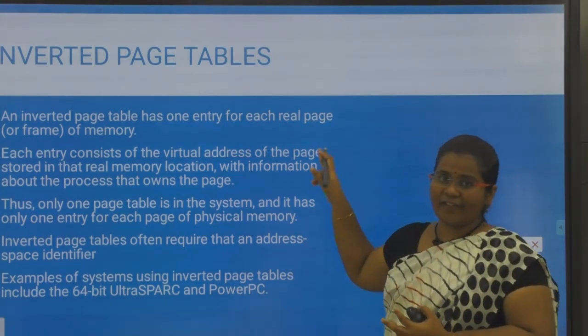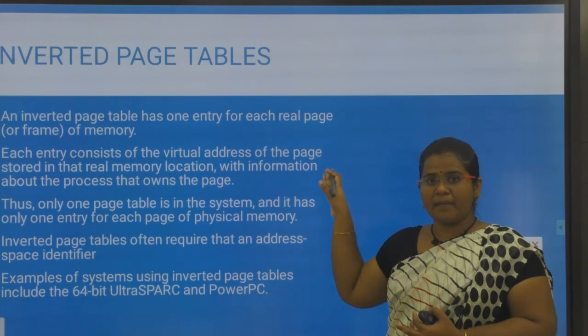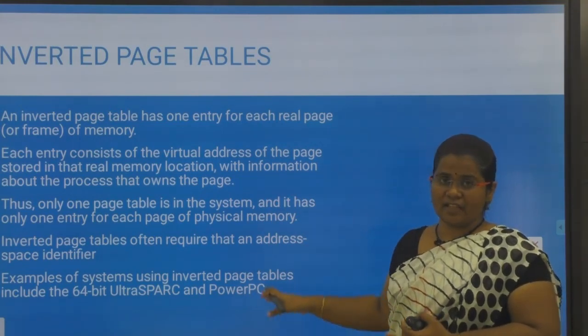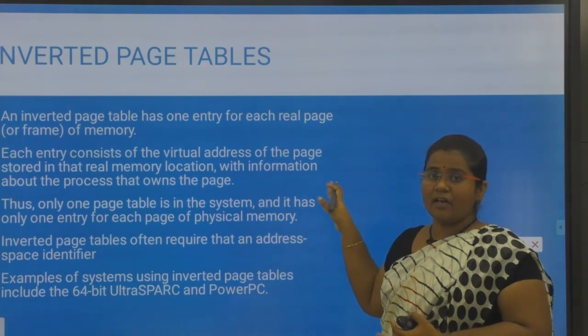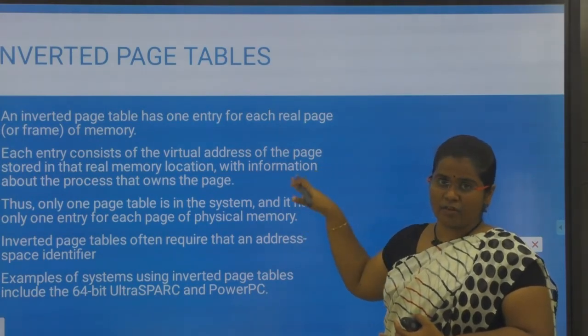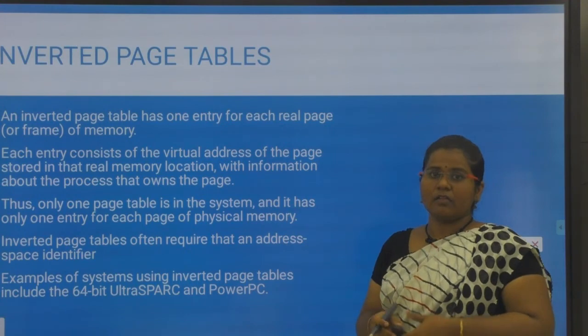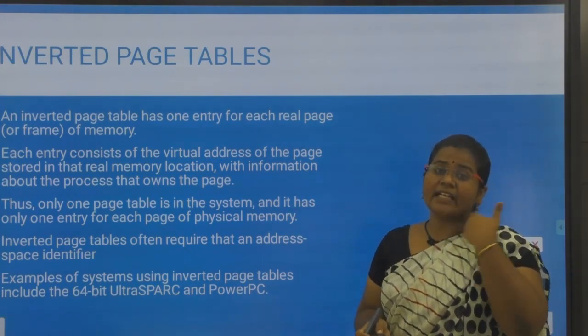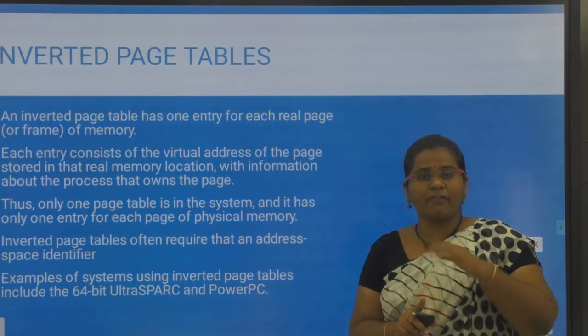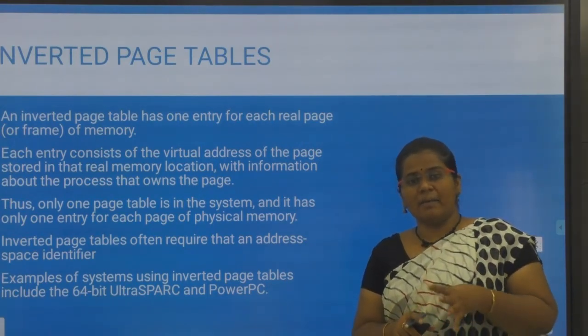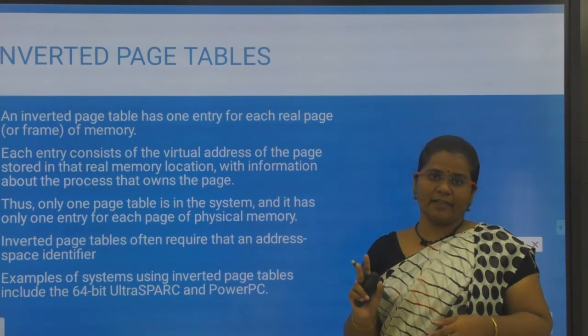Now I will have frame numbers as indexes of the page table, and page numbers as entries. So instead of maintaining a number of page tables, I can simply maintain one page table for all the processes present in main memory using the inverted page table.